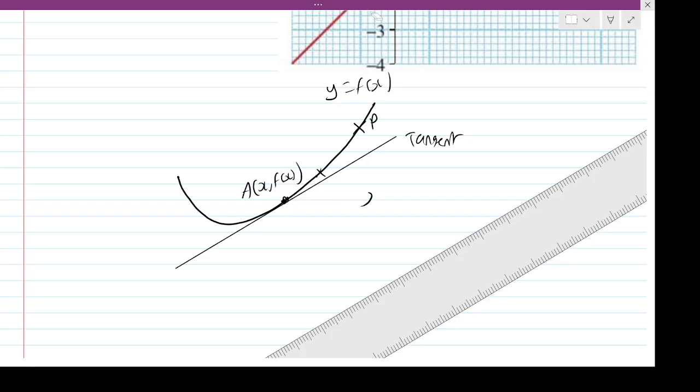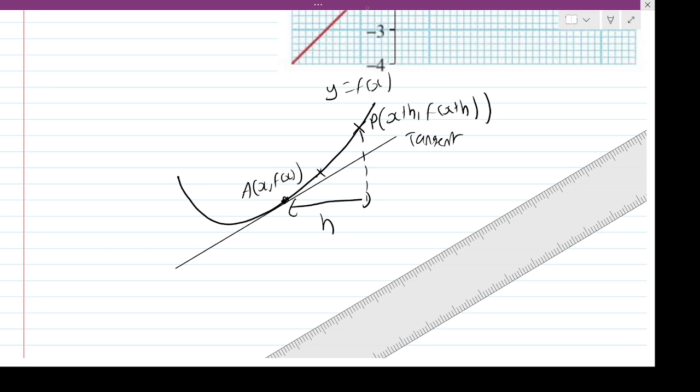I'm not going to give a numerical answer, I'm going to use h, being the gap between A and P. If A is x in general, then the x coordinate of P, well, we're adding h on, so it's x plus h. Therefore, if I substitute this expression as my input into f of x, it will be f of x plus h. Cool.